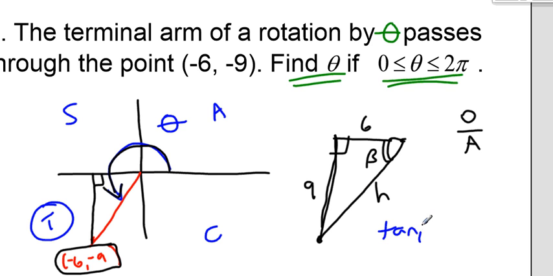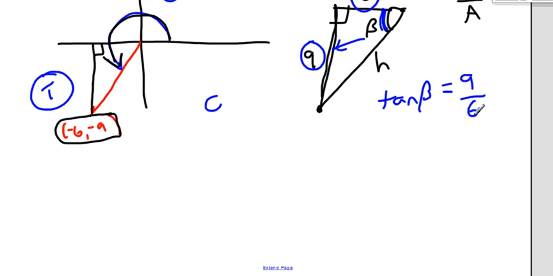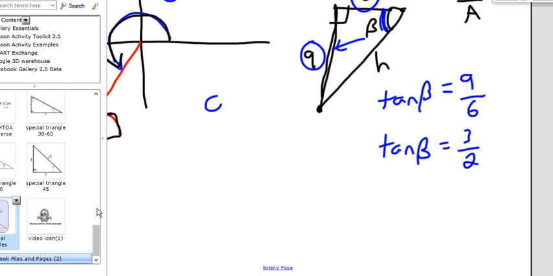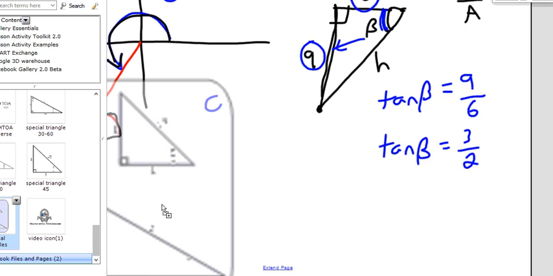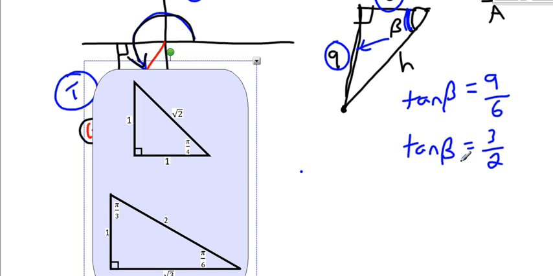I'm in a place where tan is positive. So I know that tan of the related acute angle is opposite over adjacent. Here's that related acute angle. Opposite over adjacent is 9/6. Now, if I were to reduce that, even though I don't technically have to, I'm just doing it to show you something. Here I have a denominator 2. And whenever I see a denominator 2, I'm going to want to look to see if this is a special angle.